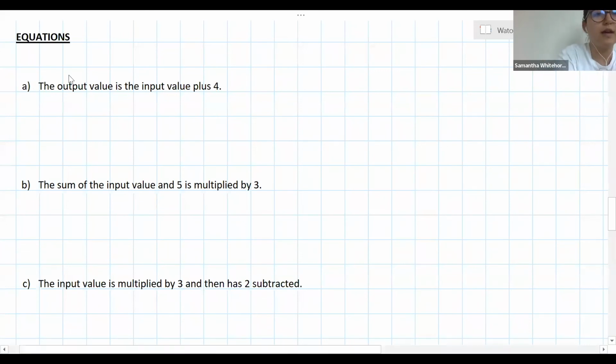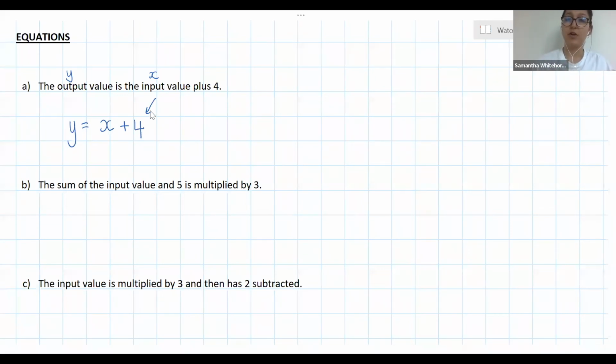We know the output value is y and the input value is x, so the expression is x plus 4. Just by translating the words into an algebraic equation, I've got an equation. This will eventually become a graph that we're going to draw in a second.